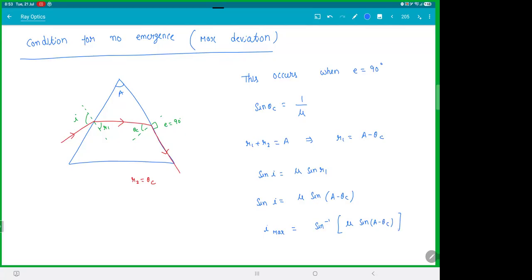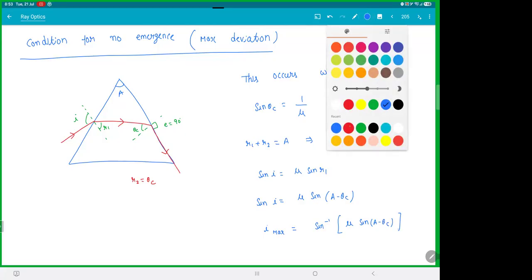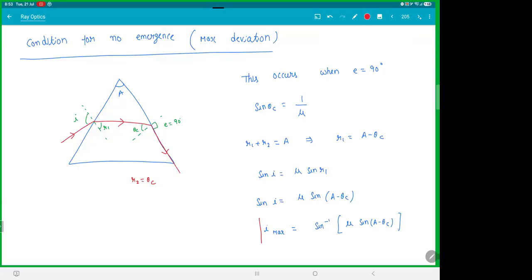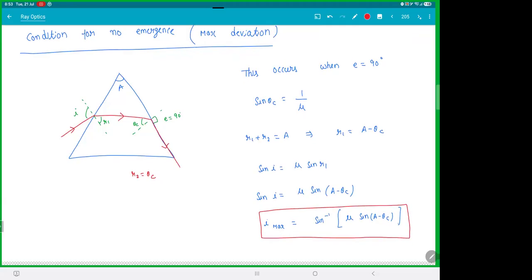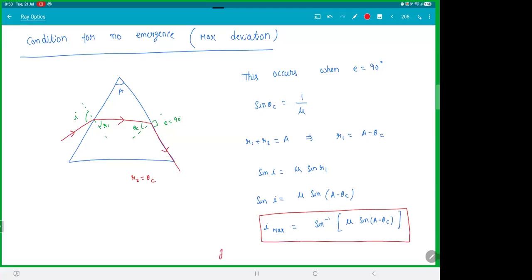And this is another way of asking: what is the maximum angle of incidence so that the light ray comes out from the other side? This is your TIR condition. If I is greater than I max, there will be no emergent ray. So the ray will bounce here and it might come from here.